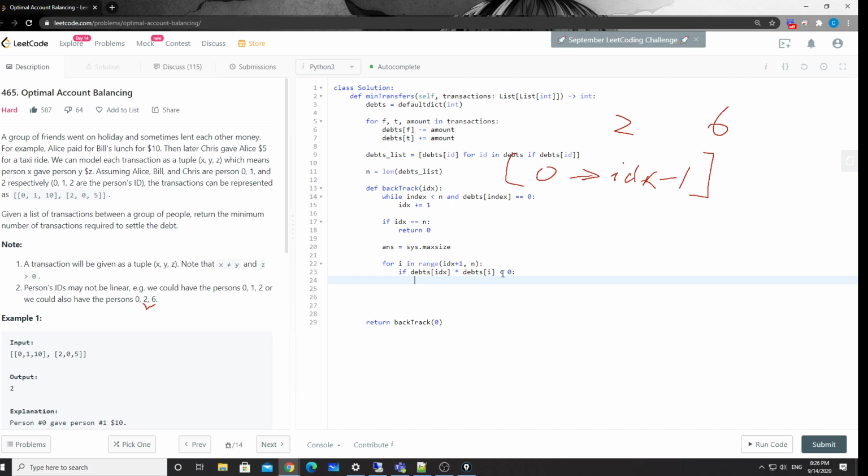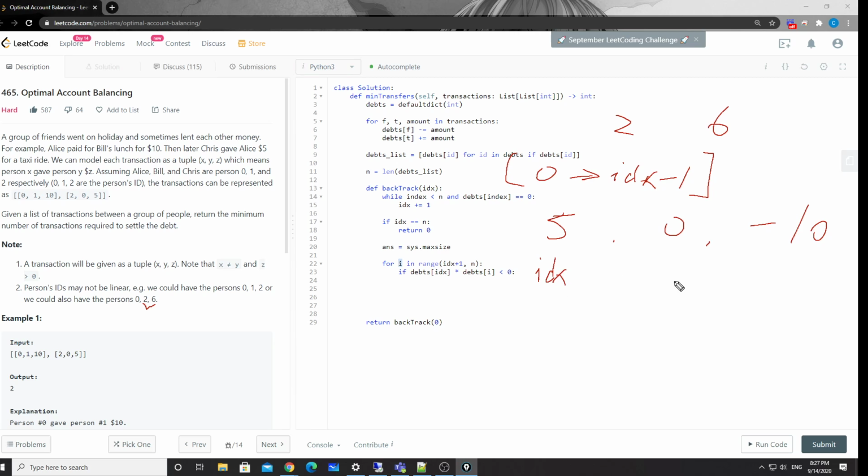Why are we doing this? Because if some I here is 0, there's no point in settling with that person, since that would give us a higher number of transactions. Let's say we have 5 here, 0, and then -10. Say this is the current index, and this is I.